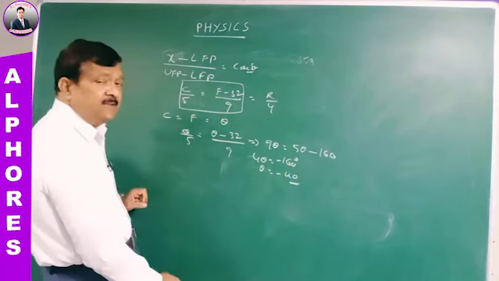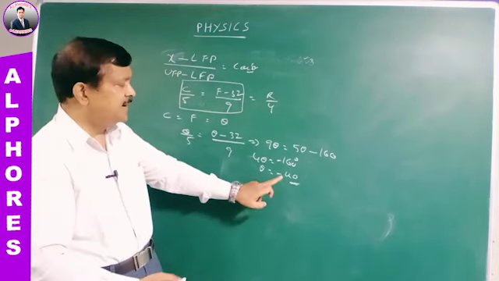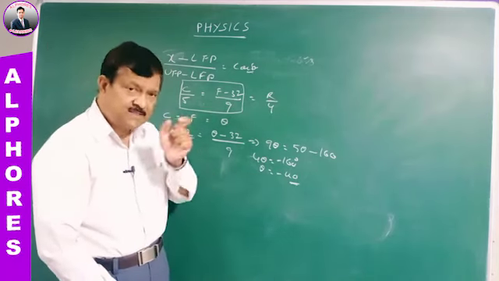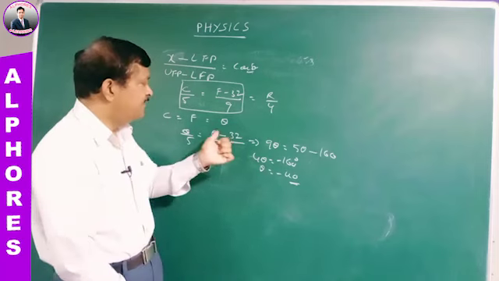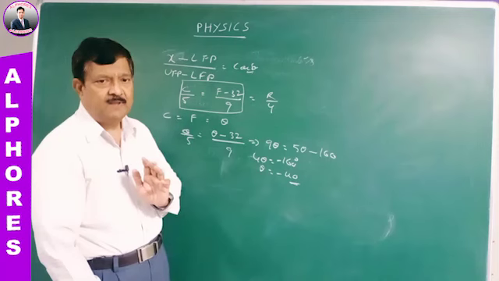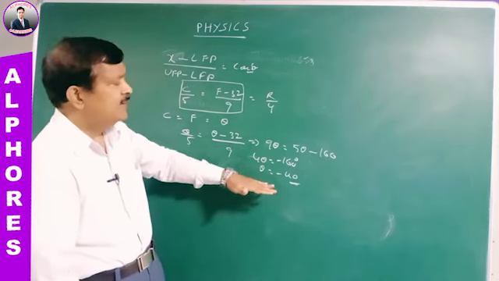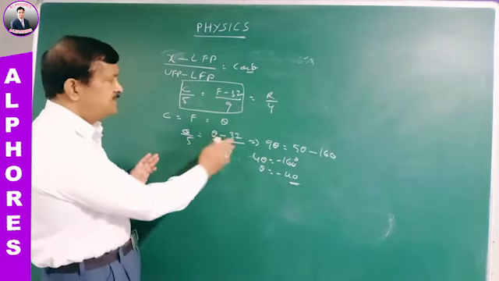That means when the temperature of the body is minus 40, the centigrade scale thermometer and a Fahrenheit thermometer, both of them will give the same reading. So this is one important numerical we can understand for the equivalence of the scales.